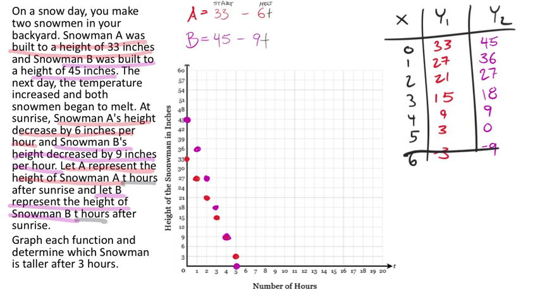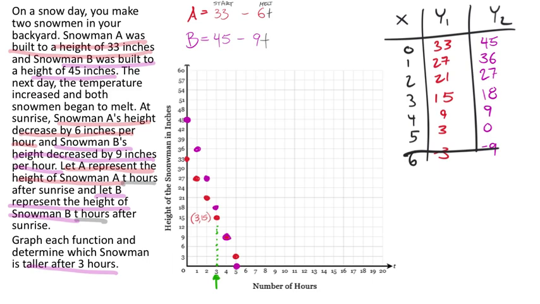Now, even before that though, remember over here it says, find the height of the snowman after 3 hours. Well, we have that in two different formats. You got this format in the graph right there, that's 3 hours. And then you can just follow this line up and it will show you the two heights. So height A right there, let's see if I can put this on there as an ordered pair, is showing after 3 hours, it's 15 inches tall.